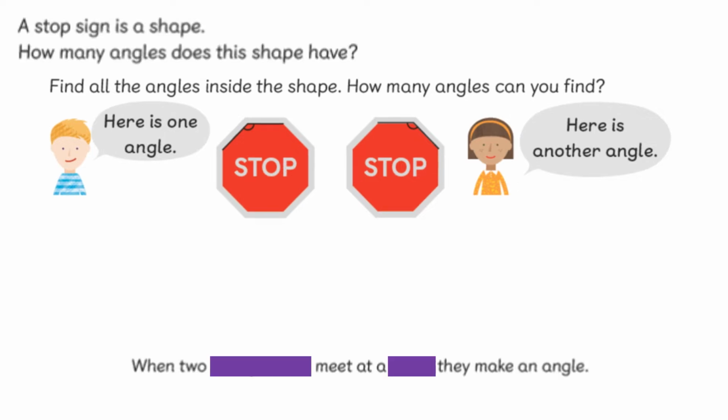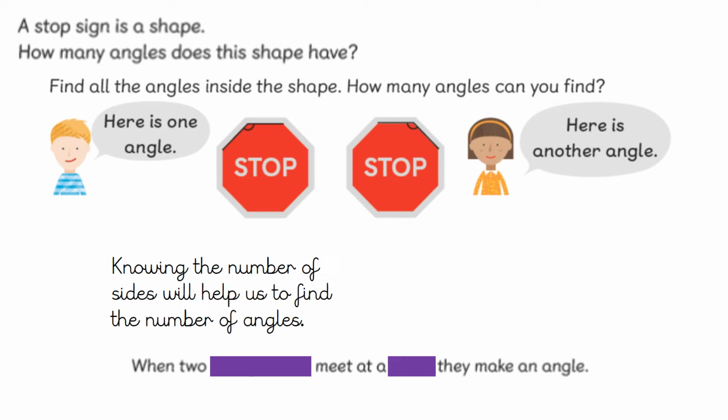My friend says that knowing the number of sides to a shape will help us to find the number of angles inside. Let's see if they are correct. A stop sign has 1, 2, 3, 4, 5, 6, 7, 8 sides. How many angles does a stop sign have?